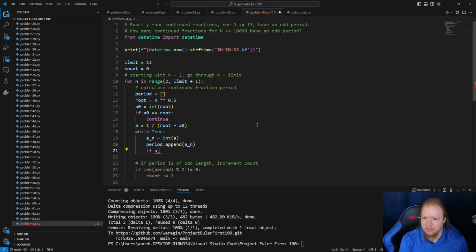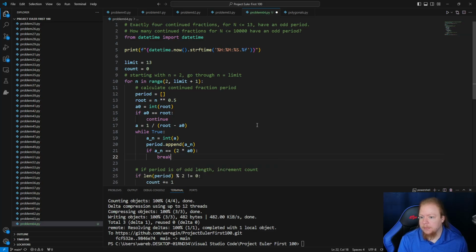I'm just going to put if an equals 2 times a0, break. Otherwise, we go on and we calculate a once more. So a is equal to 1 divided by a minus a over a of n. Okay, so I think this will work.